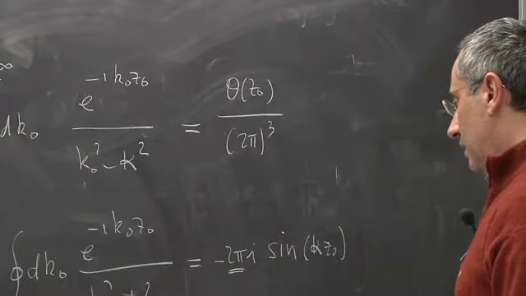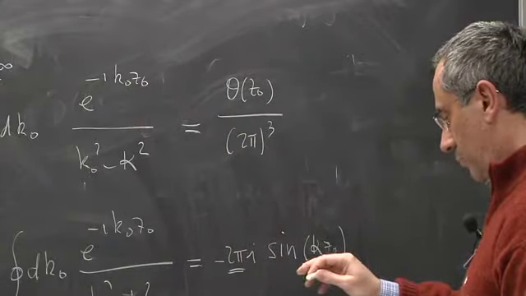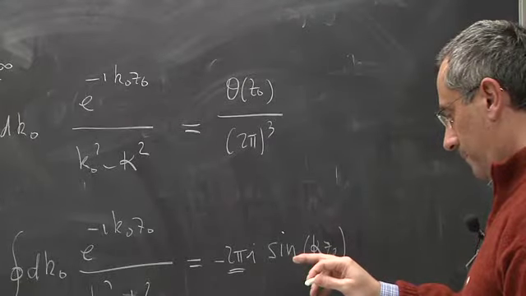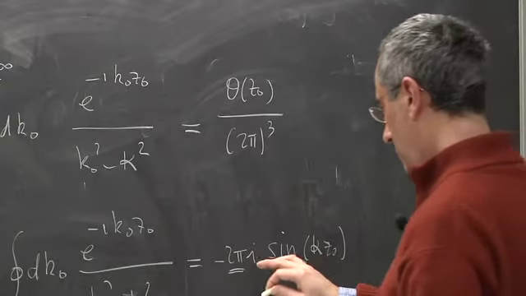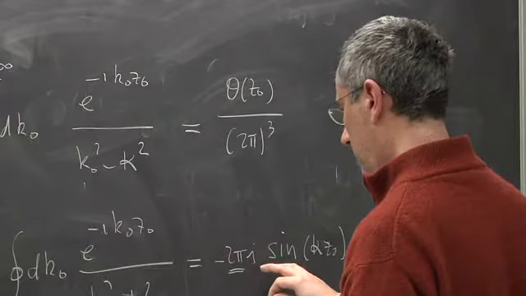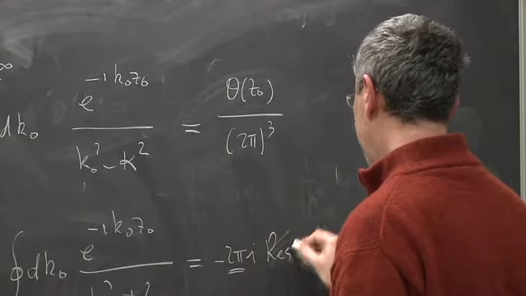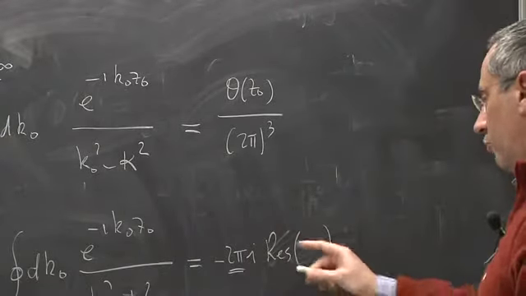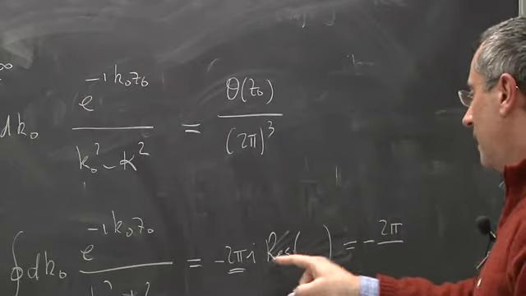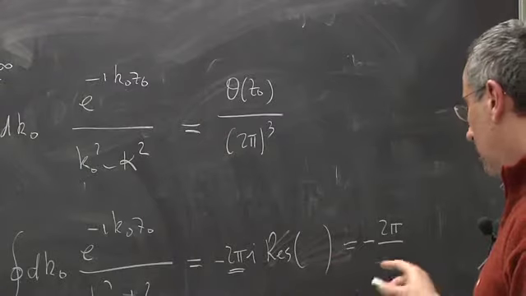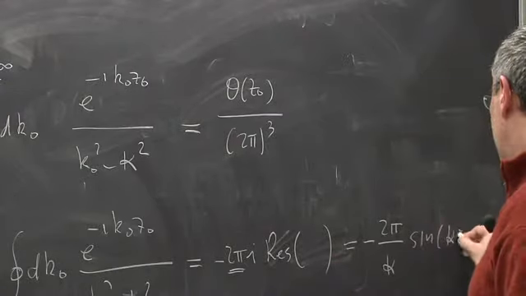Sorry, it's 2 pi here, so this is the sum of the residues. When you do that, you get minus 2 pi, because the i goes in the definition of the sine, then you have a 1 over k sine of k z naught.